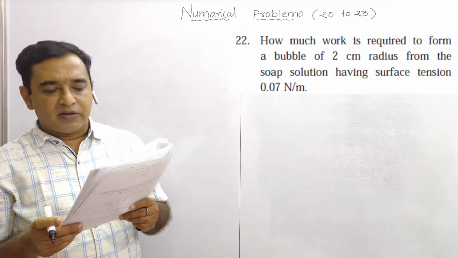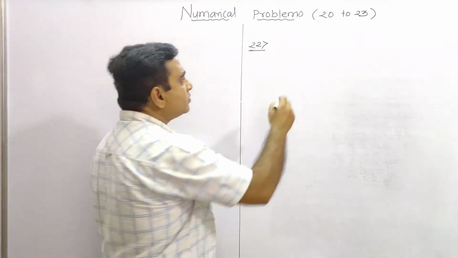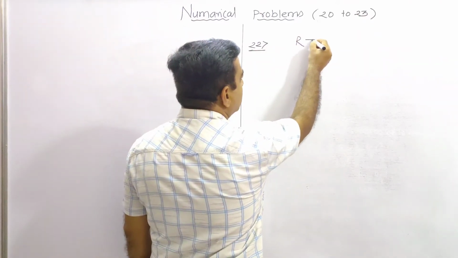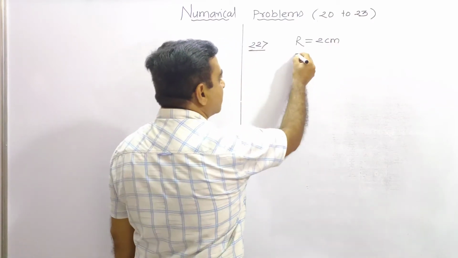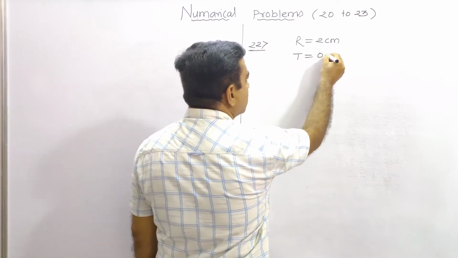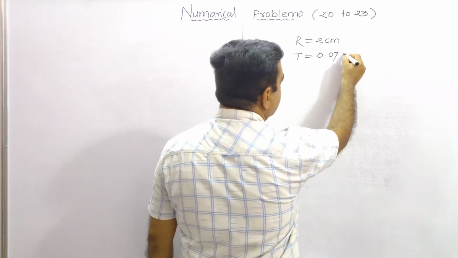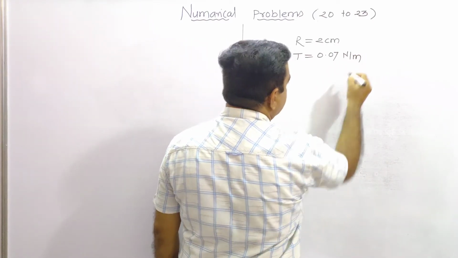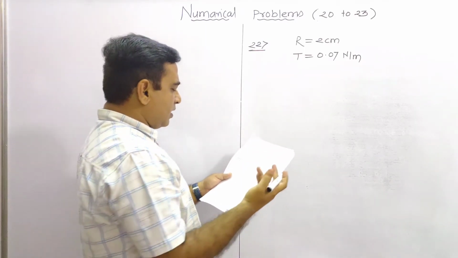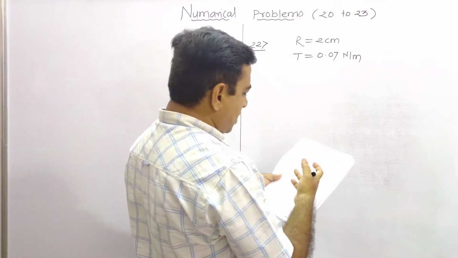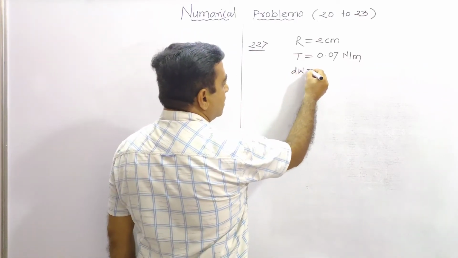So here the given factors are radius equal to 2 centimeter and surface tension equal to 0.07 Newton per meter. Then I need to calculate how much is the work, means once again we need to calculate the work done.